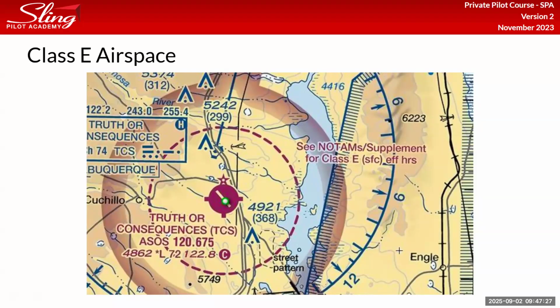The blue is different. The shaded blue is different, and it rarely shows up on the chart. There's only like 2 places in the US where it has a blue vignette, and the requirements for the blue vignette are different than the 700 and the 1,200. So we'll touch on that, but it's not very important to know that, versus this, which is very important.